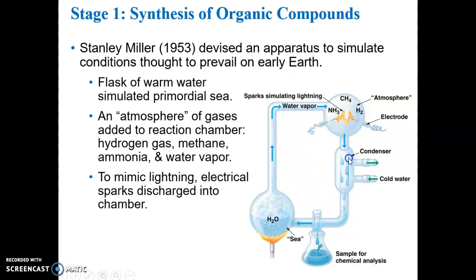And then they just let this run and let this run. And then the warm air here, the early atmosphere, when it reaches what's called a cooling condenser that has cold water moving around on the outside of this tube, well, when the warm air hits the cool sides of the condenser, the atmosphere gases condense, form little water droplets, and then anything that is added to those droplets from this environment drops down back into this container, mimicking the early oceans, the seas, and then this material just cycles back and forth through this apparatus.